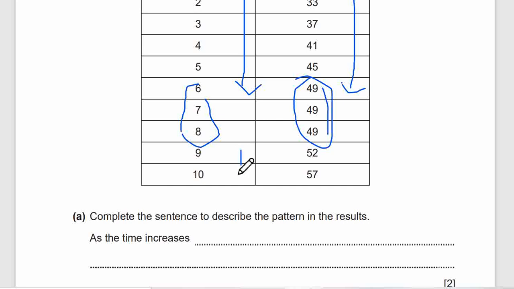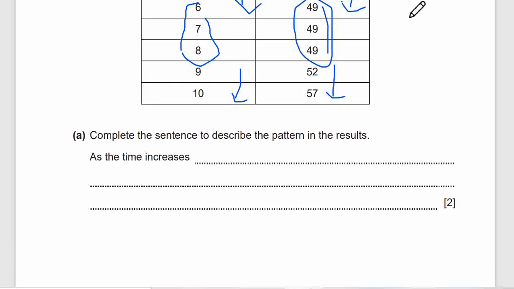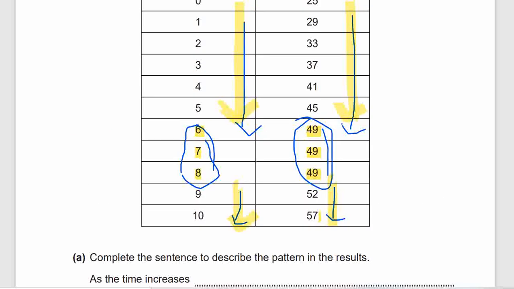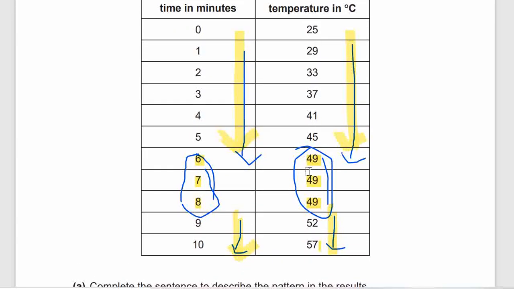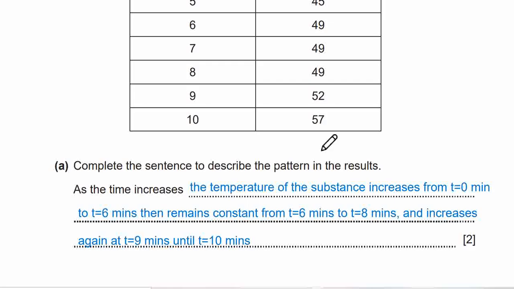And after that, it increased again at the time 9 minutes and 10 minutes. So we can conclude that from time 0 to 6 minutes, the temperature increases, and after that it remained constant from time 6 to 8 minutes, and it starts to increase again at the time 9 minutes to 10 minutes. Well, we conclude our answer.